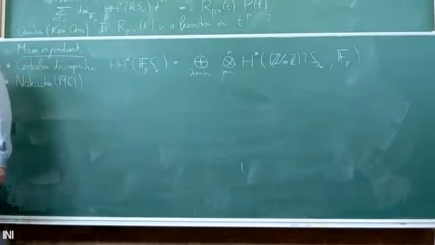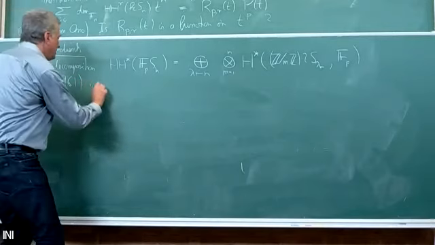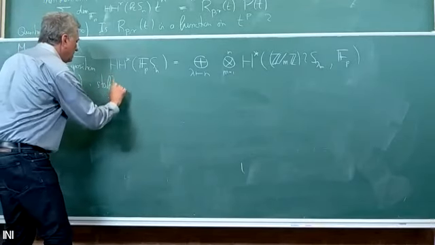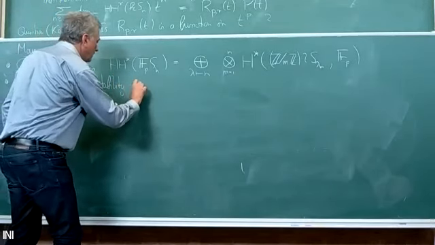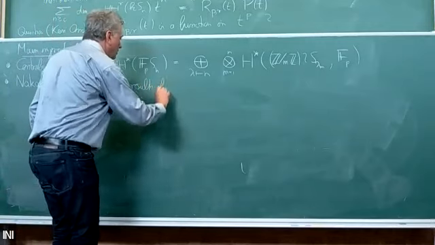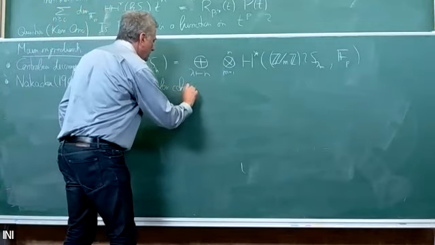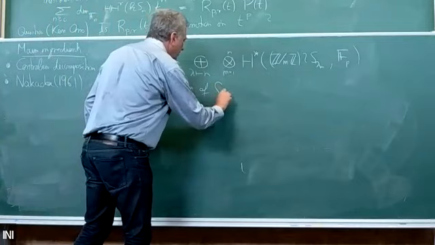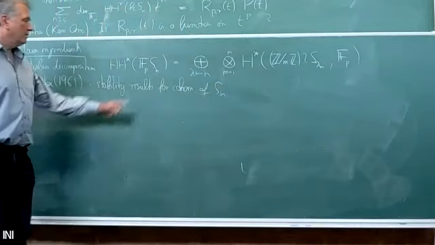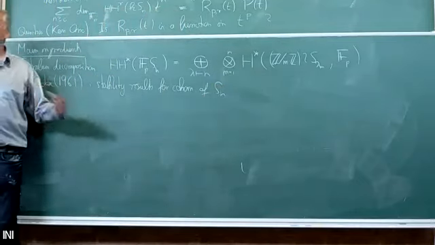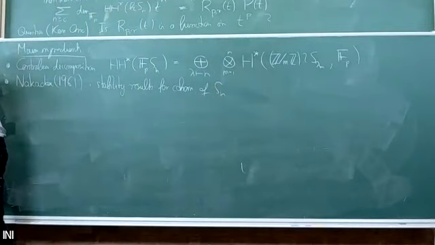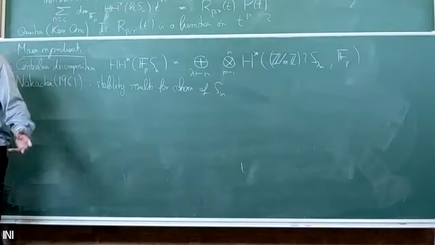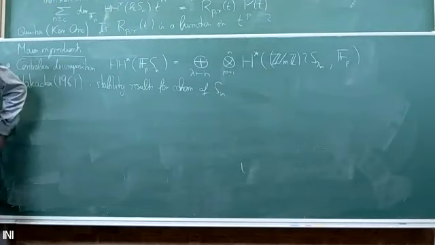And so this is a key ingredient, stability results for the cohomology of finite groups. This plays quite a role actually in various bits of algebraic topology. Some algebraic topologists are interested in these stability results.